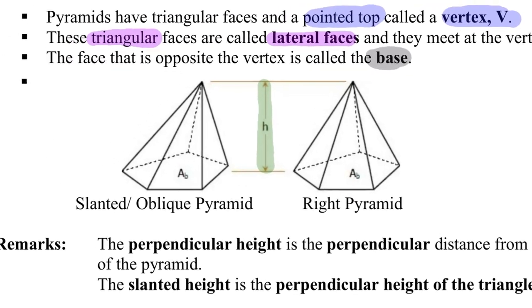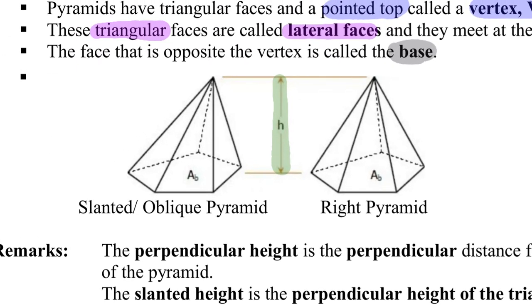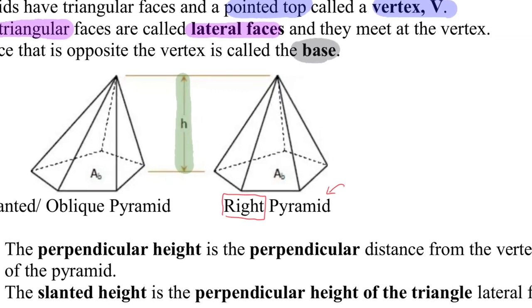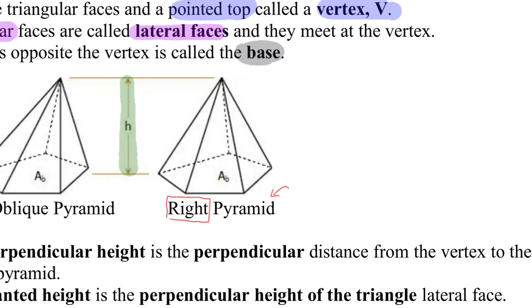And I would like then to highlight this particular example. Should the height be slanted, that means it's not really a right triangle. Oh, what is a right pyramid? A right pyramid is where, oh, this is an interesting particular word, right pyramid. It simply means that the vertex, which is the point on top, is at the center of the pyramid.